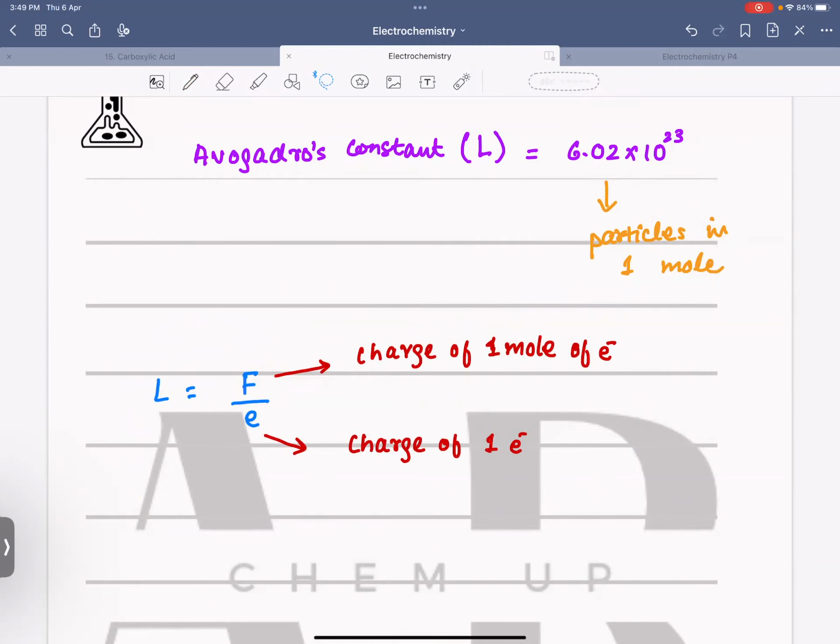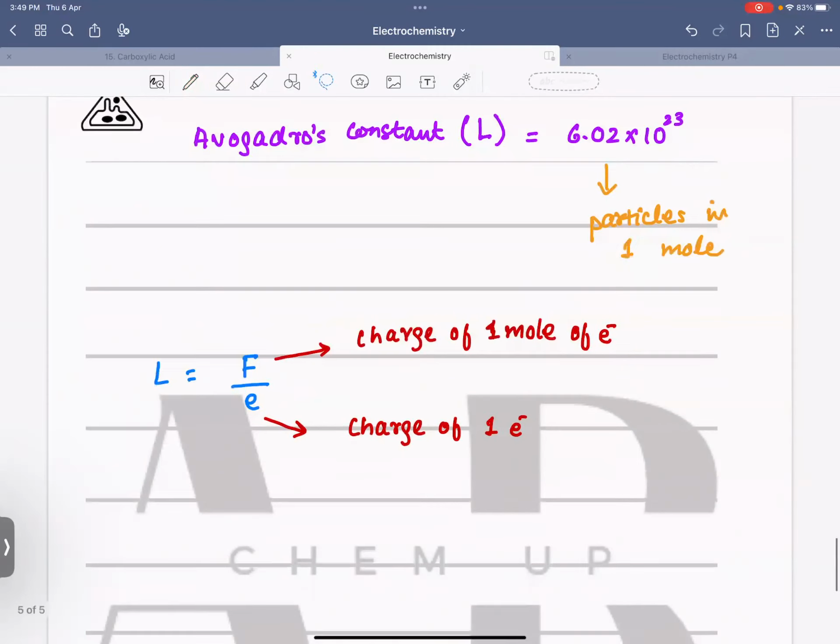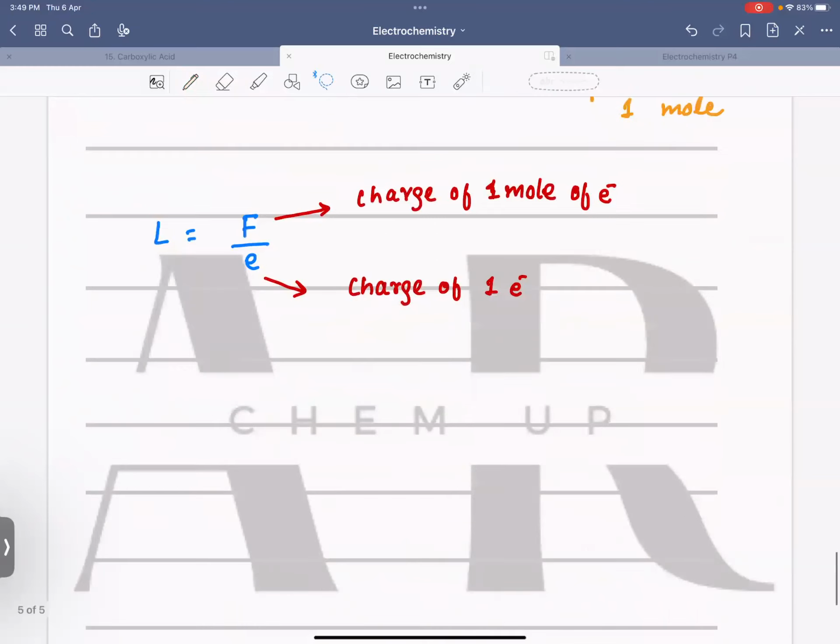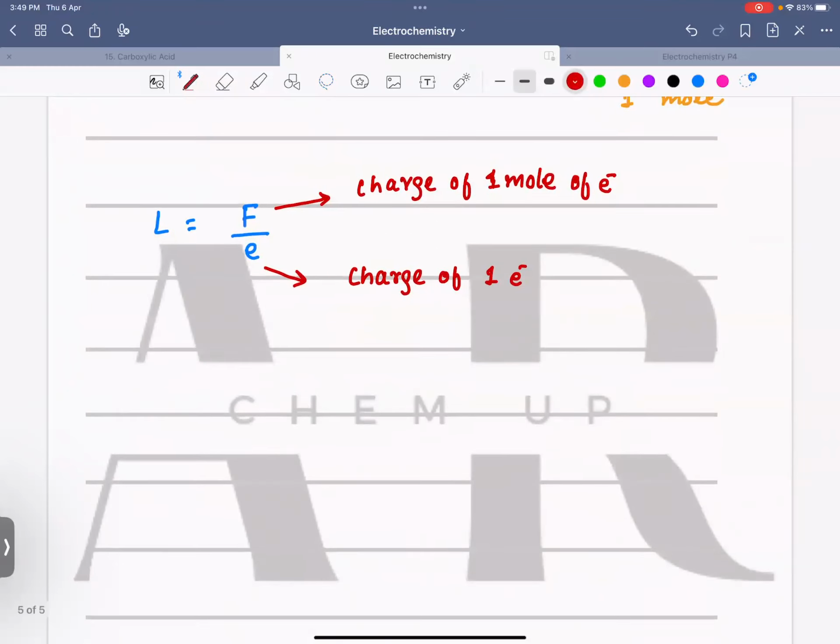Now, the important thing you have to keep in mind is that whenever we talk about the charge of 1 electron, it is always 1.6 exponent minus 19 coulomb, and that is provided to you in the data booklet or at the end of the paper.